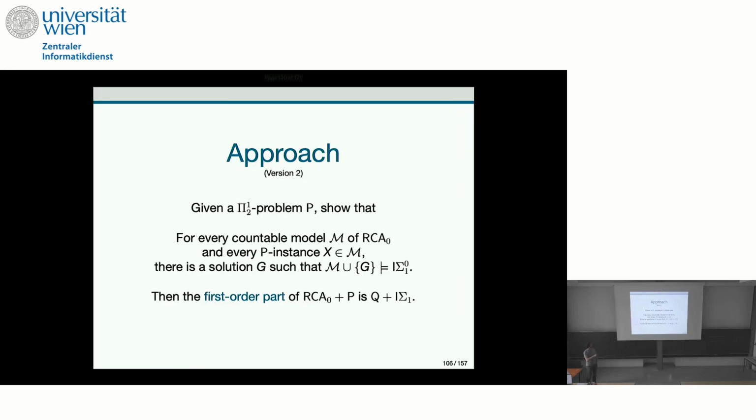So we want to show that given a countable model M of RC0 and an instance of P in M, we can find a solution so that it still satisfies Sigma 0 1 induction. And if we are able to do that, then we can make the previous construction and show that RC0 plus P is Pi 1 1 conservative over RC0, and that the first order part of RC0 plus P is Robinson arithmetic and I Sigma 1. Okay?